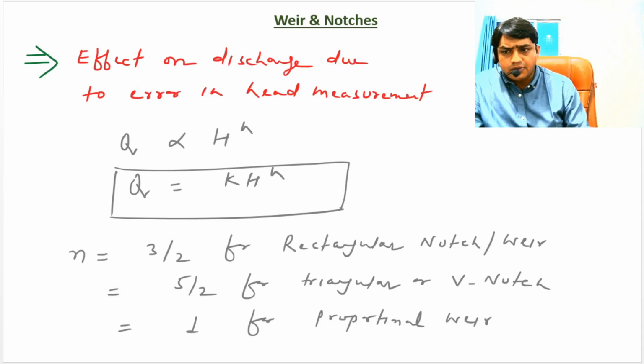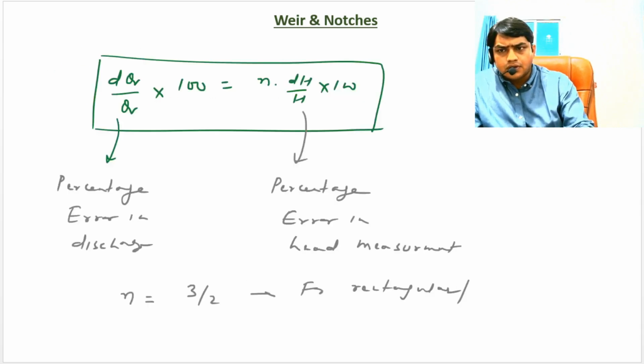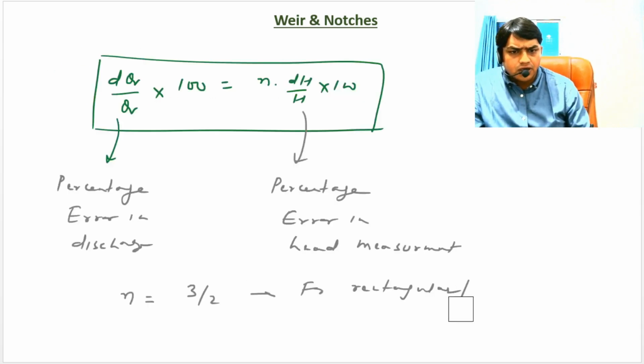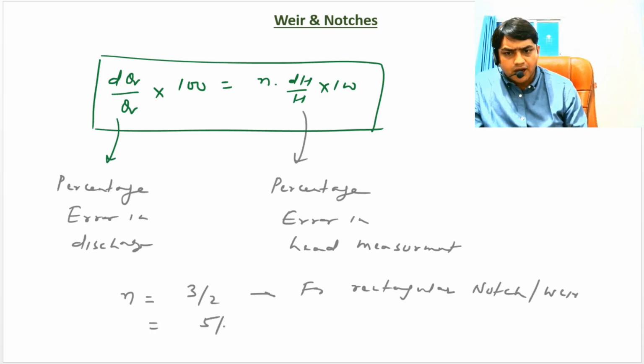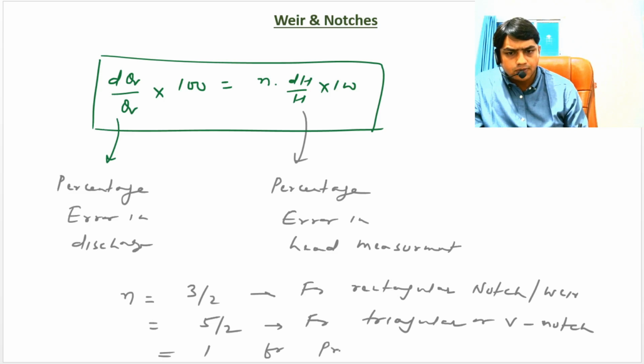The value of n is 5/2 for a triangular or V notch, and the value of n is unity for a proportional weir.